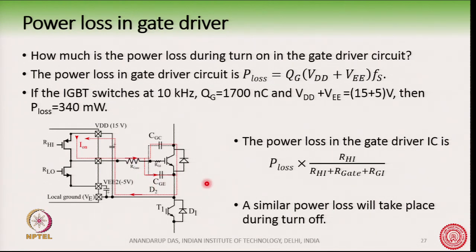Then you can choose what type of external gate resistance you will use, so that it can deliver the peak current as well as sustain this loss. This was the expression of loss when it was turning on, and a similar power loss expression will apply when the device is turning off.